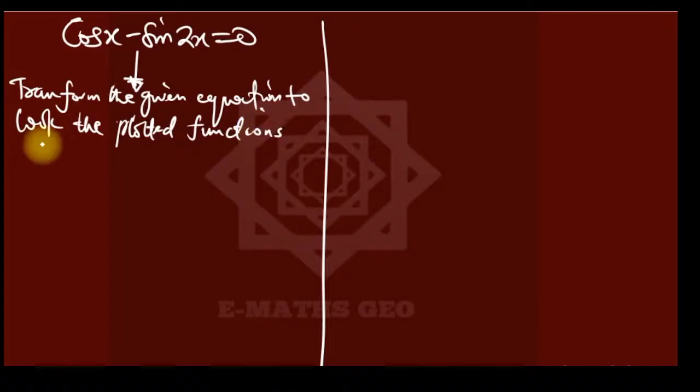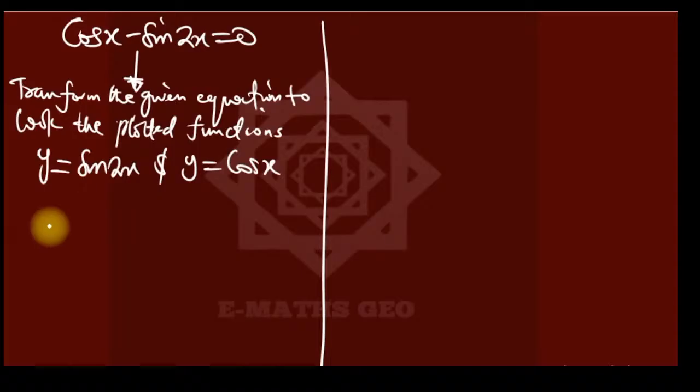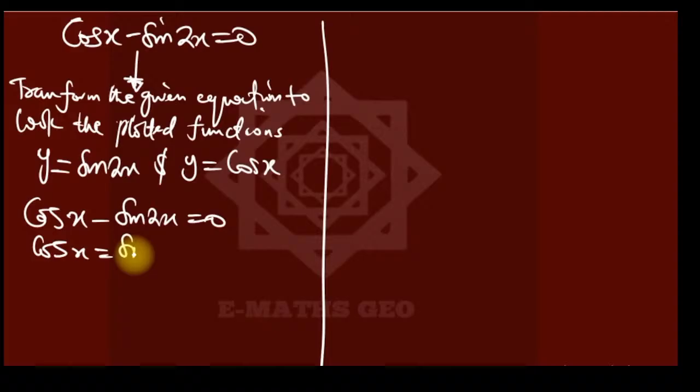The graphs we plotted are y equal to sine 2x and y equal to cos x. So we're going to transform this to look like these two graphs. We have cos x minus sine 2x equal to 0. Moving this to the other side, we have cos x equal to sine 2x.